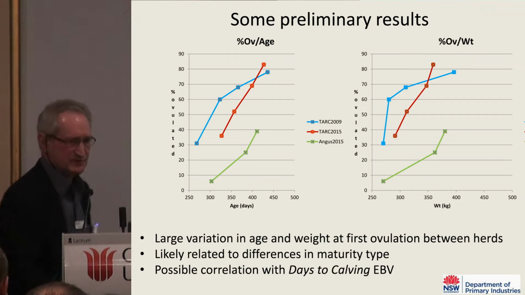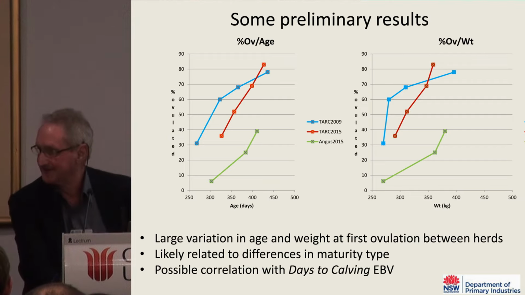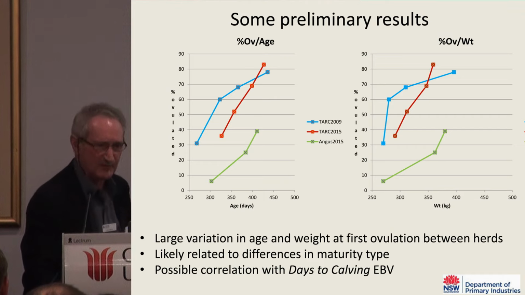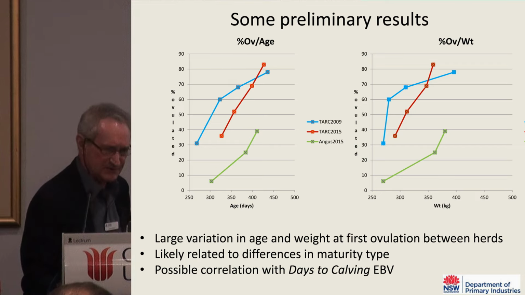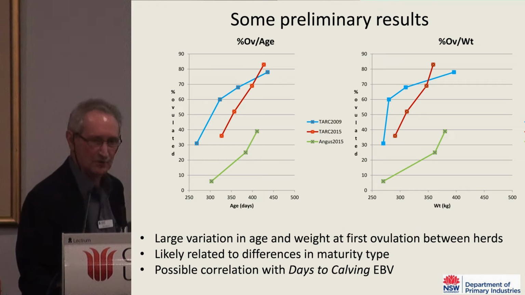Okay, how are we going? Yeah, some preliminary results only. Last year we had animals at our DPI research station at Trangie and a commercial stud. This is data on the proportion of animals ovulating at various times in relation to their age or weight at the time of scanning.